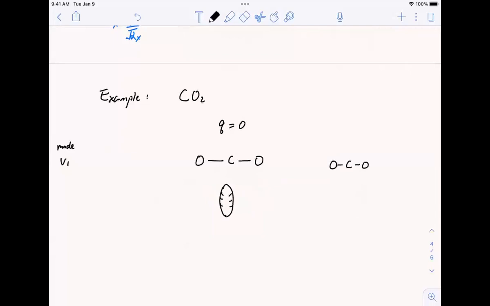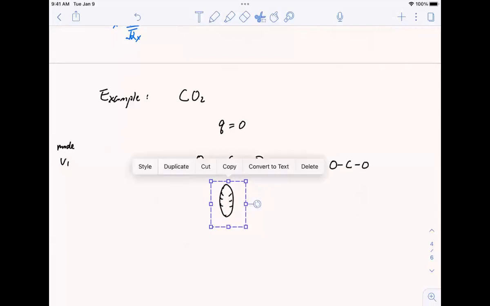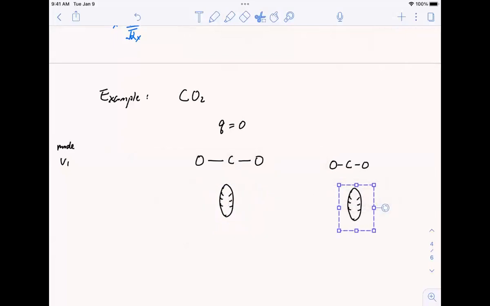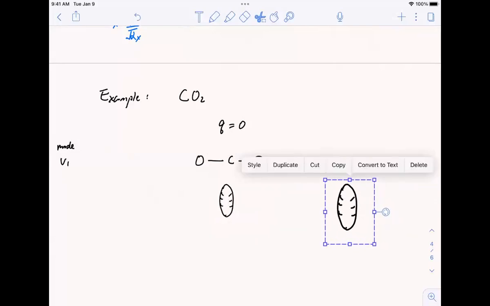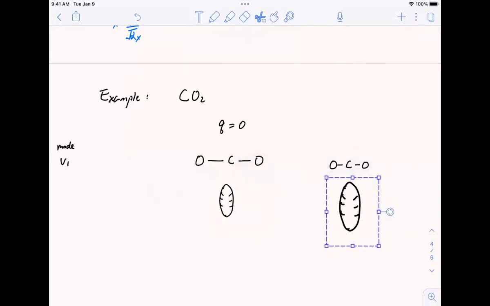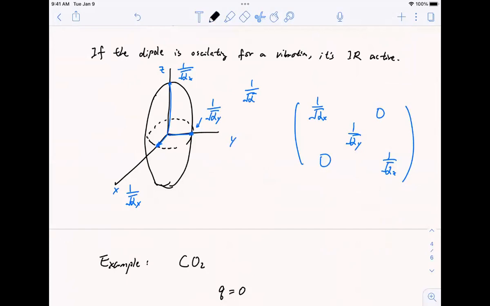Once you contract, you have the same thing, and then you just shrink it. Sorry, make it bigger. Why is it bigger? Because when it shrinks, the polarizability is actually larger. Wait, sorry, not larger, because we're using 1 over here. So when it shrinks, this ellipsoid will get bigger.